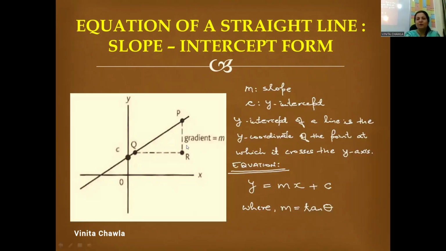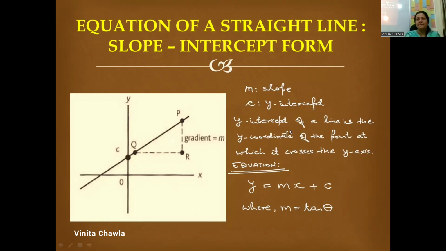So m is the slope and this c is the y-intercept. Y-intercept means it is the y-coordinate of the point at which the line crosses the y-axis. The equation can be written as y is equal to mx plus c. M is the slope and c is the y-intercept, where m is tan theta. This is the slope intercept form.